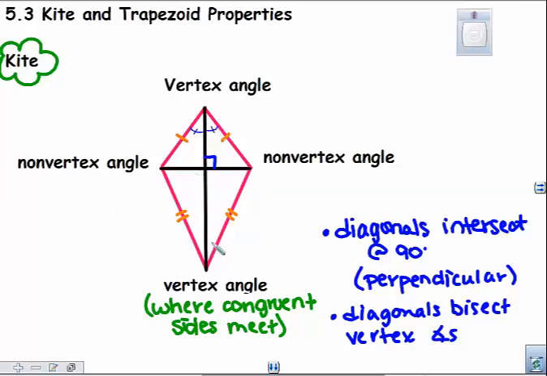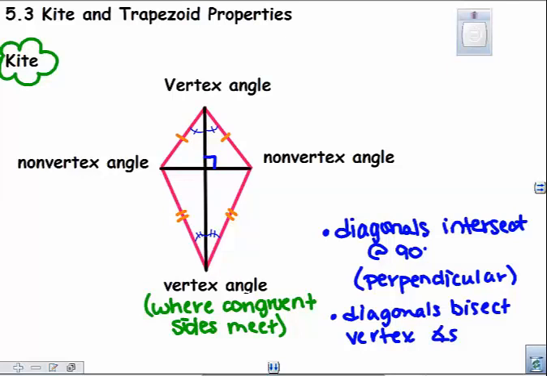Same thing down here. This side would be congruent to this side. Notice these are not the same size. Vertex angles are not congruent, but they are bisected, so they would cut into 2 equal halves. But the top vertex angle and the bottom vertex angle are not equal to each other.